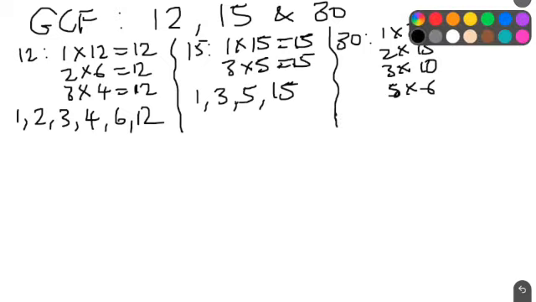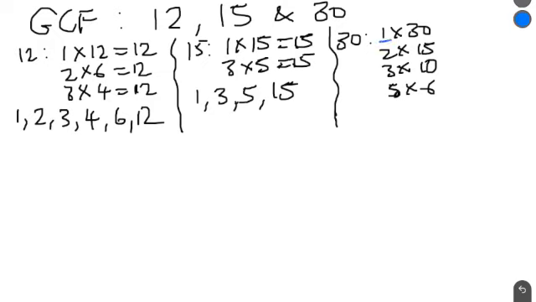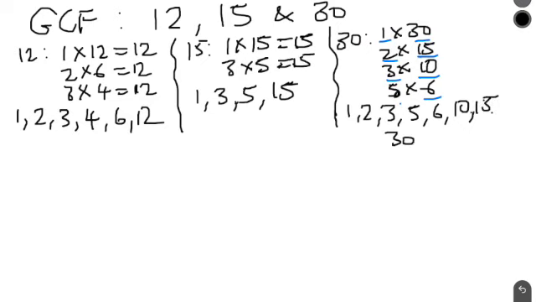So in this instance, the factors of 30 would be 1, 2, 3, 5, 6, 10, 15, and 30.